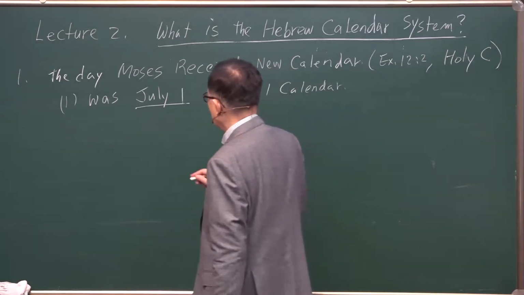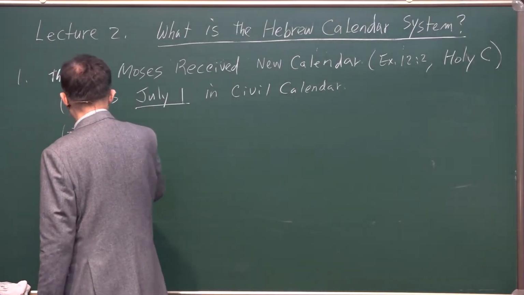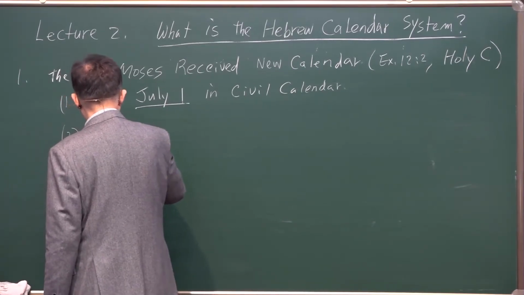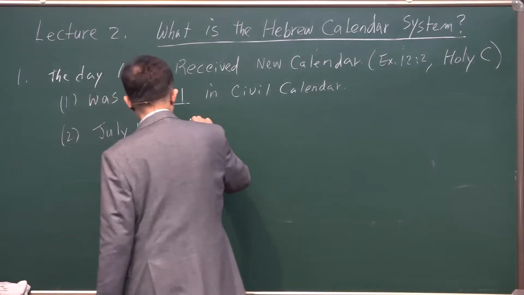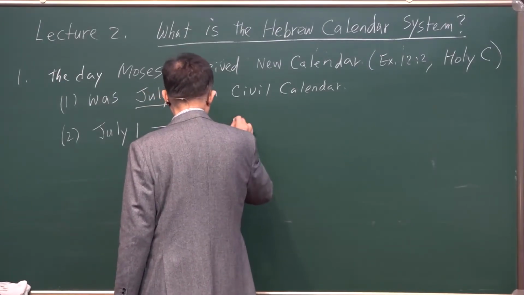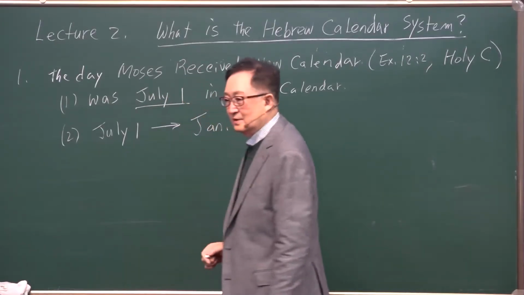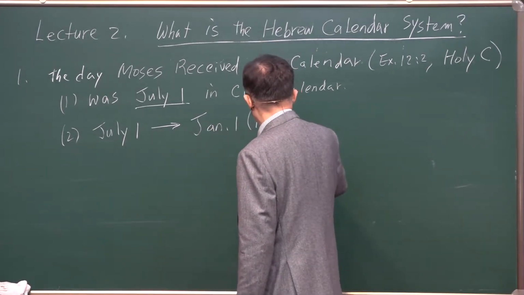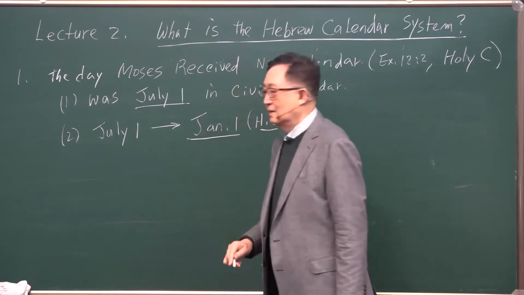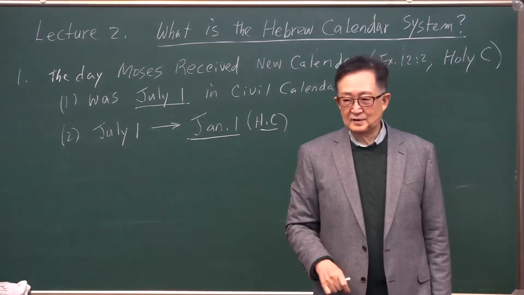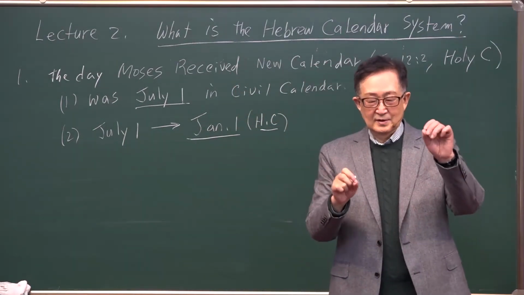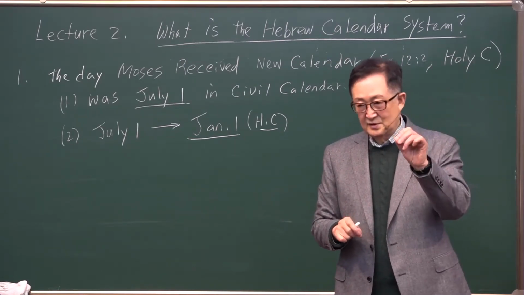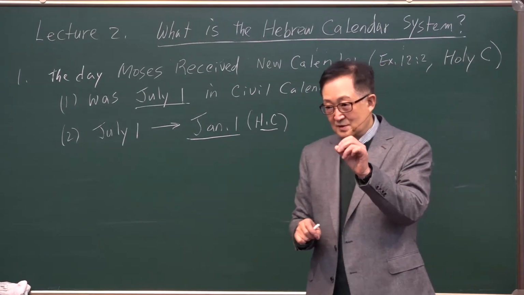So now, here, make July 1st to January 1st. That is the Holy Calendar. In other words, civil calendar July 1st equals to what?